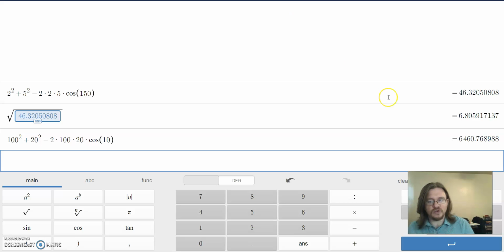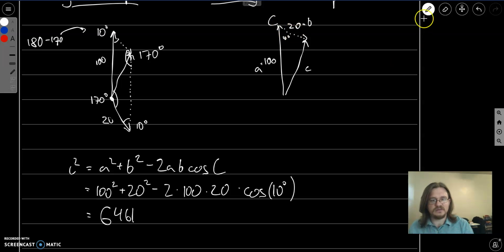But I don't want to round it until I finish this up, because that's going to be equal to c squared.